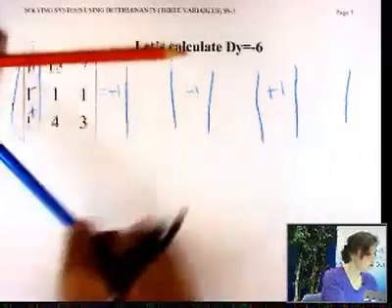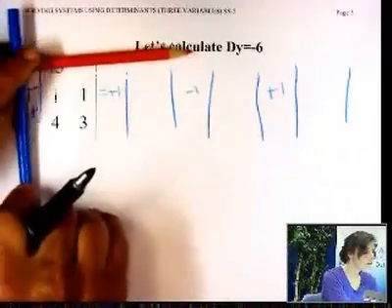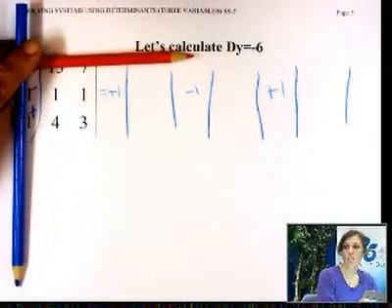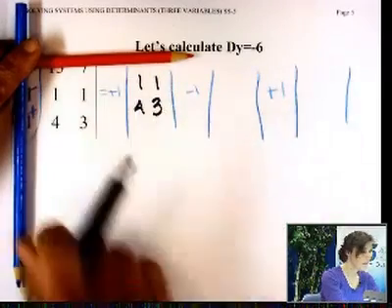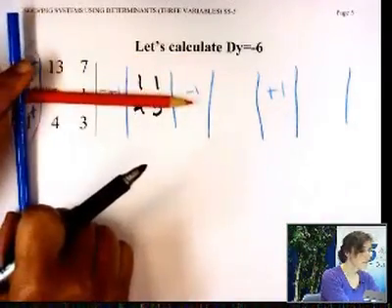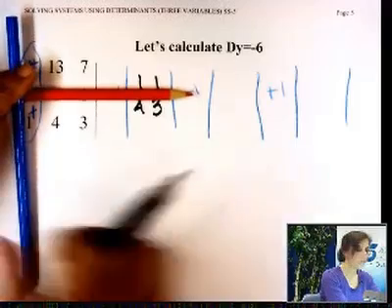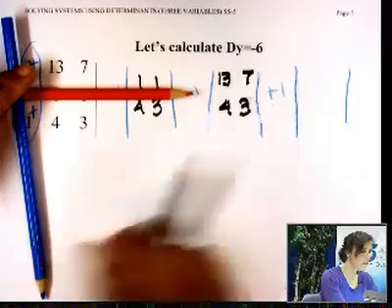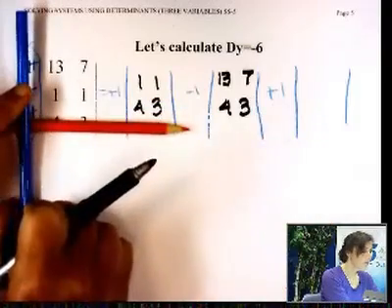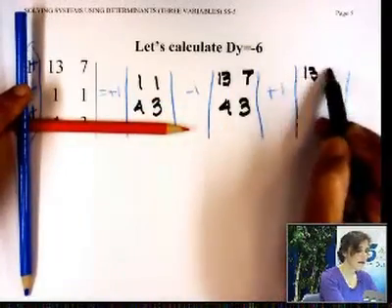So the first column, first row, that's going to be 1, 1, 4, 3. First column, second row, that's 13, 7, 4, 3. First column, third row, 13, 7, 1, 1.